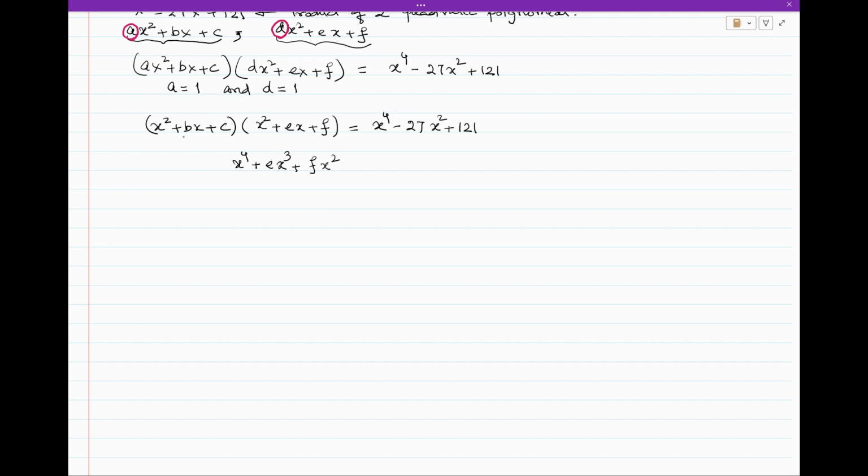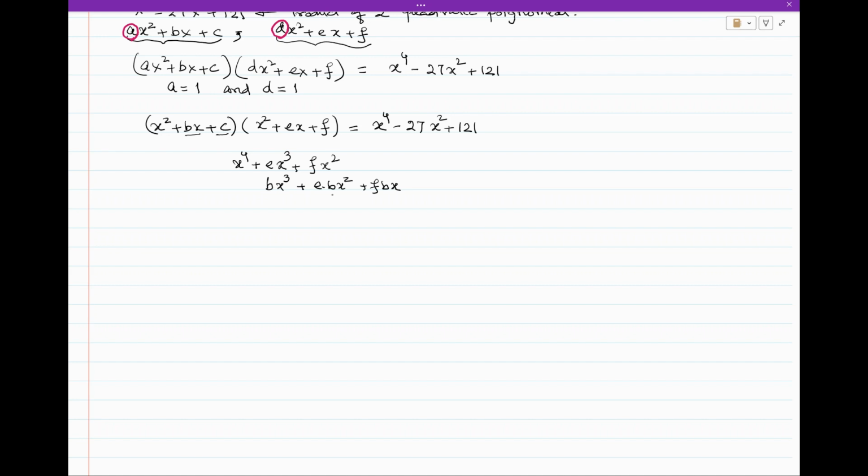Then let us multiply by bx, the whole expression on the right hand side. So we get bx cube plus e b x square plus f b x. Then finally, let us multiply with c.